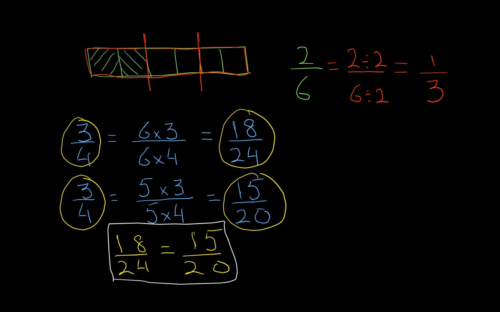The way you see them to be the same is if you divide the left hand side, the numerator and the denominator, by 6, and the right hand side, the numerator and the denominator, by 5, you'll see that both these fractions are the same, and this is the idea of equivalent fractions.